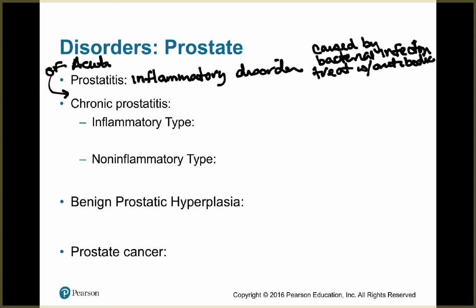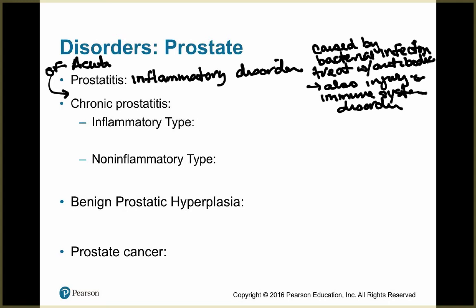Now, it's not just from bacterial infections. It can also be caused from injury, or if you have some kind of problem with an immune system disorder. So it's not just if you have a bacterial infection, it's just that that's one of the common parts.